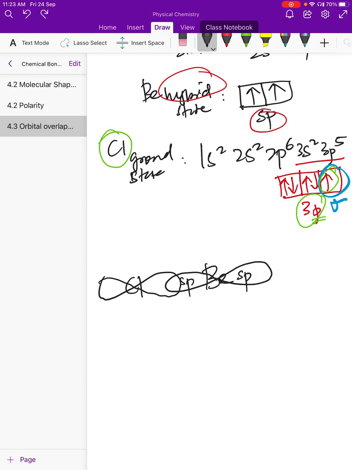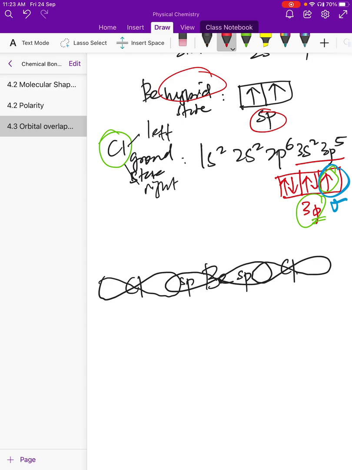Okay. Chlorine here, this is on the right hand side. So we have on the left hand side one chlorine, on the right hand side one chlorine.